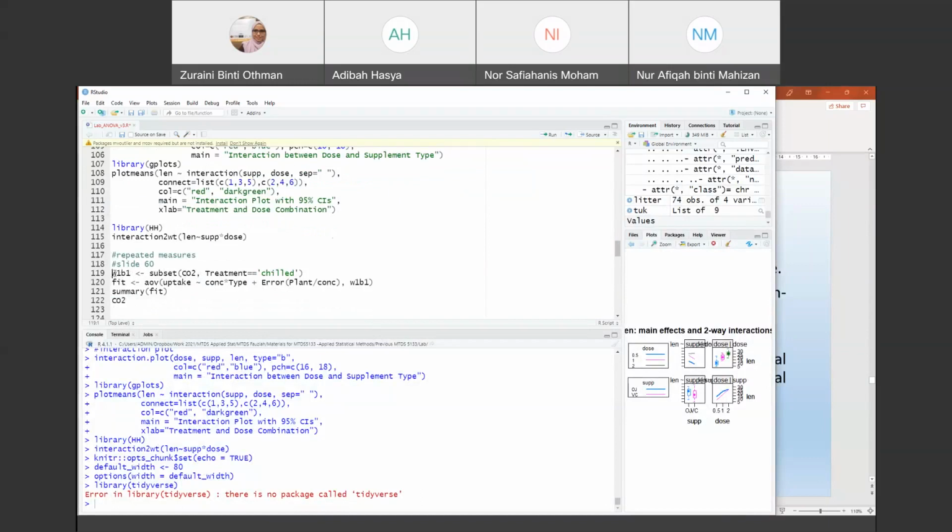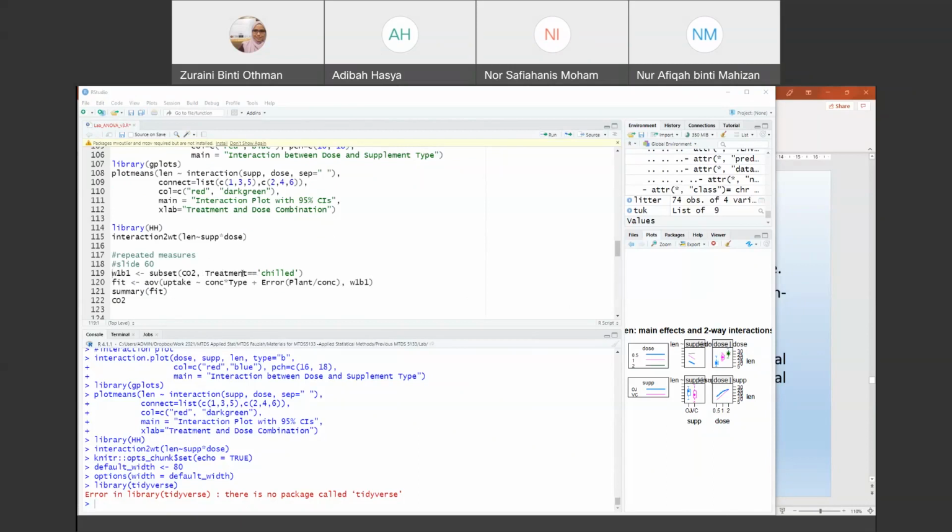Okay, for this, sekejap ya. Okay, we run this, the subset of carbon dioxide treatment as chilled.